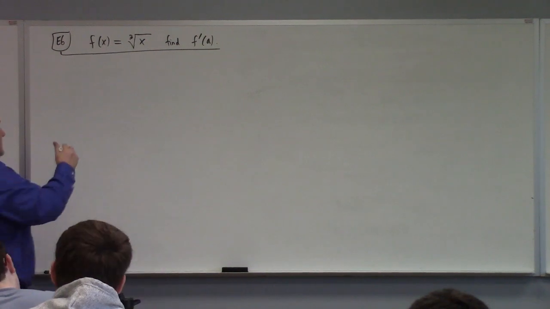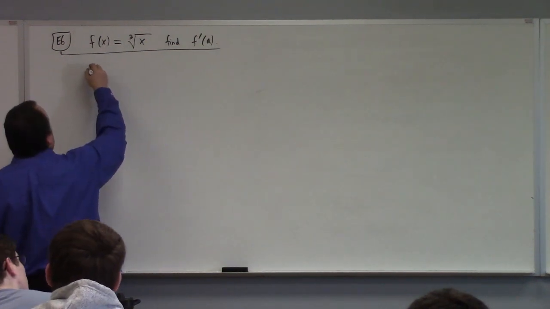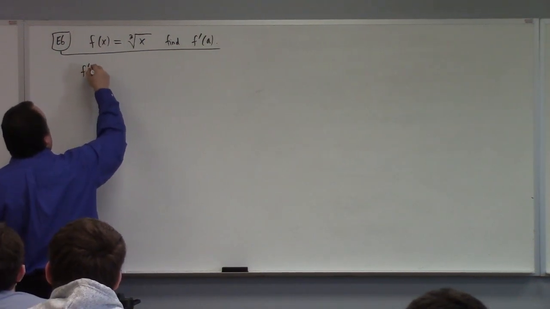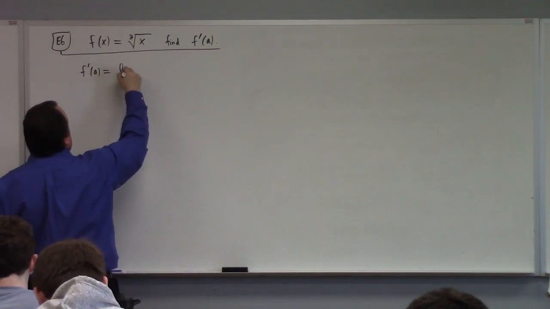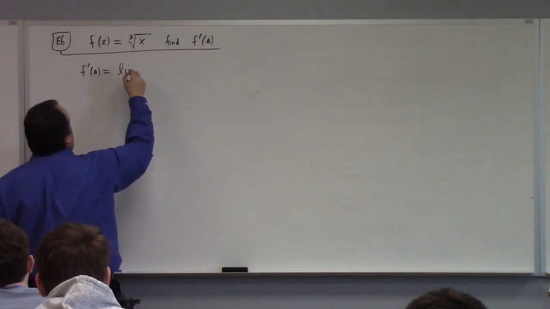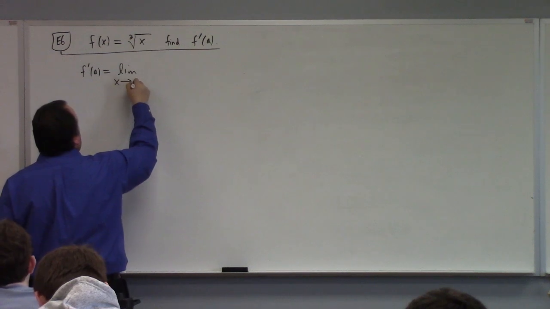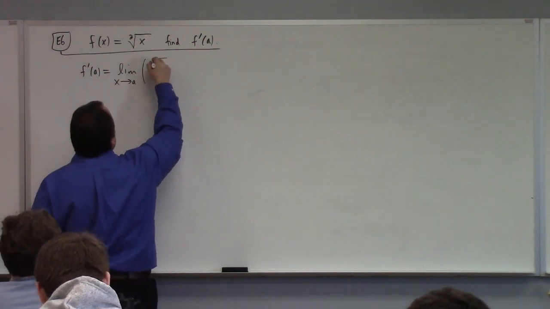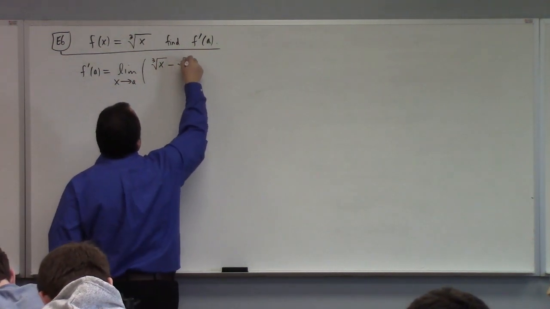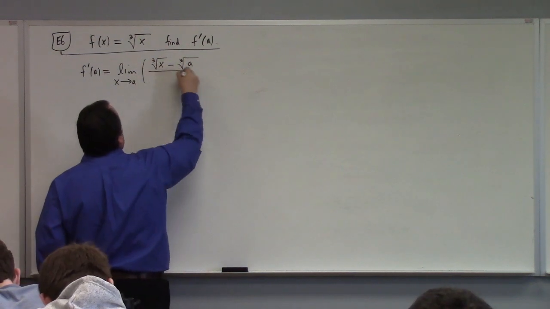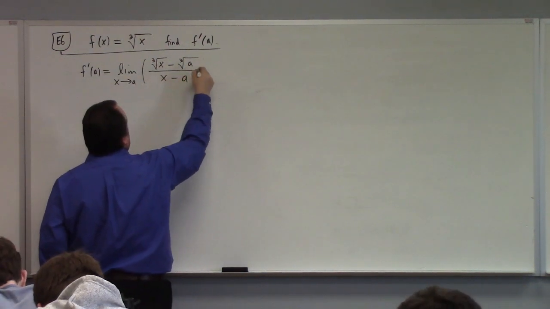So what are we up against here? Let's see here. So f prime of a is the limit as x goes to a of the cube root of x minus the cube root of a divided by x minus a. All right, that's one way we could try it.